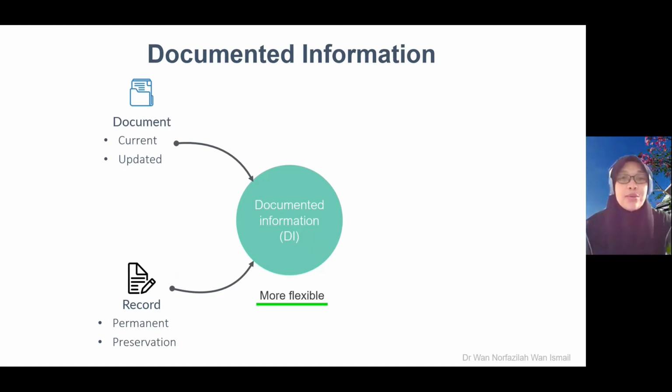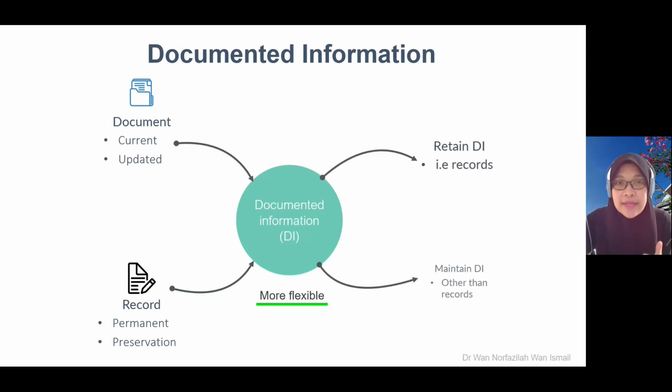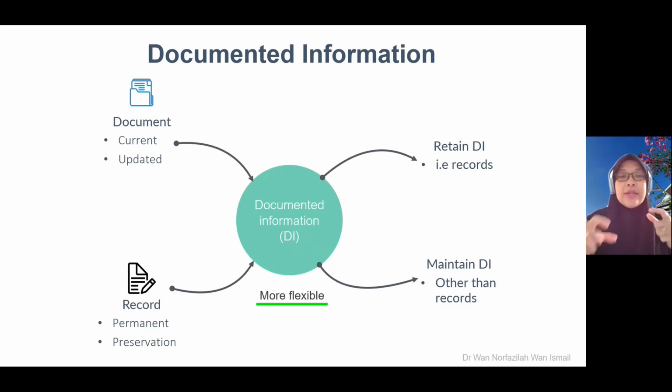So these two terms were used by the previous version of ISO 9001, but for the current version 2015, we call these two as documented information. Why? Because these two is more flexible.